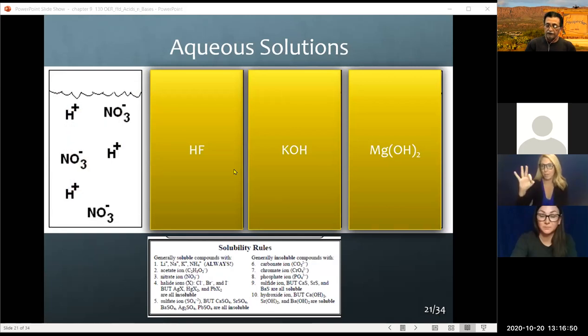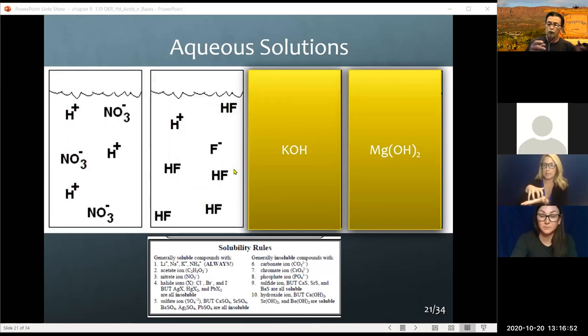Now, HF was a weak acid. And so to show that in the diagram, we need at least one pair of ions, and that is denoted by these right here, the proton and the fluoride, just one pair. Don't forget the charges.